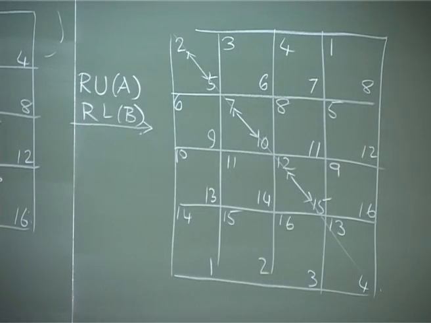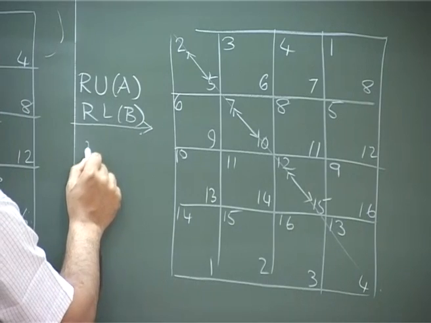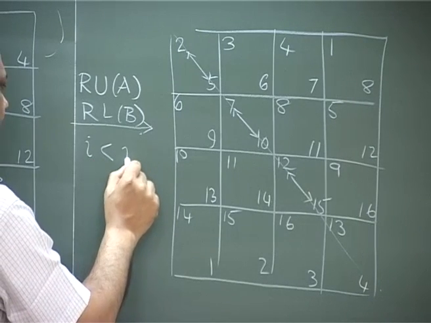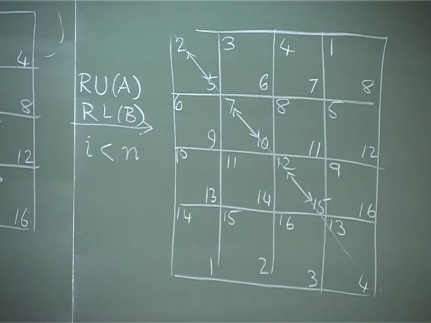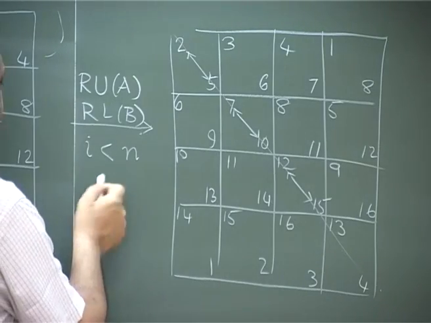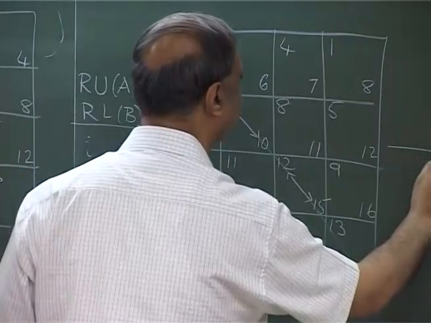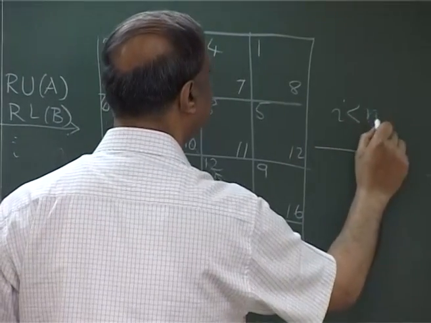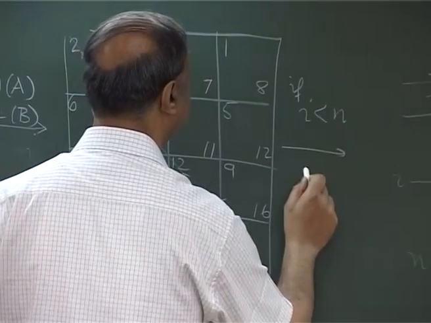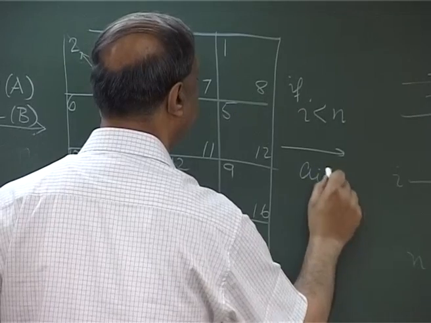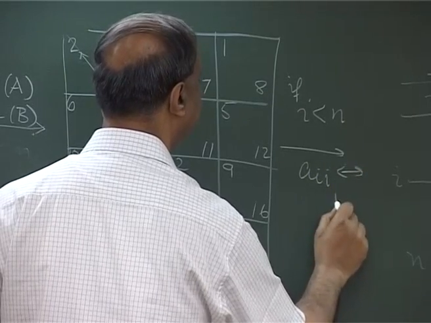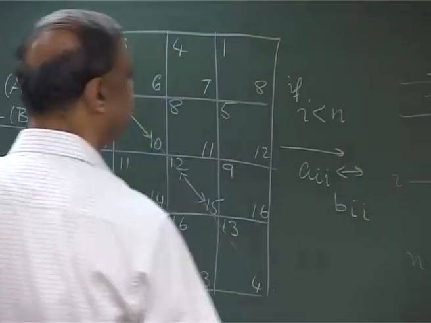So, after doing this operation, if I is less than n, then AII is interchanged with BII.